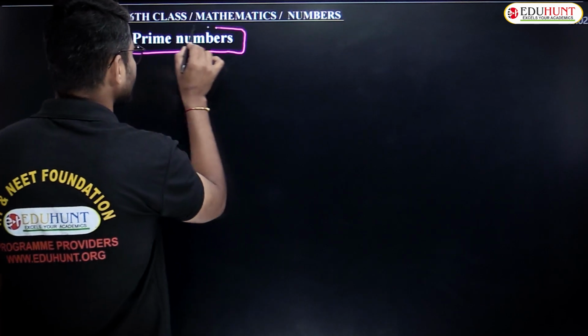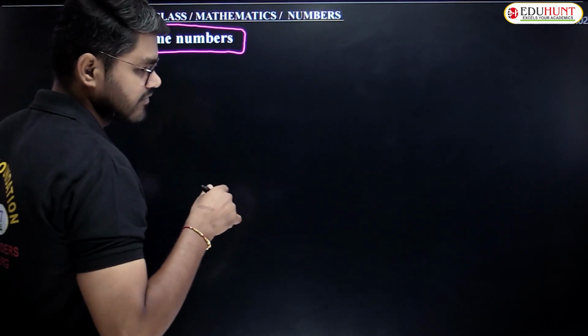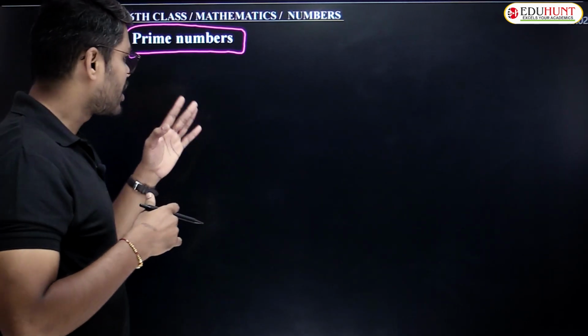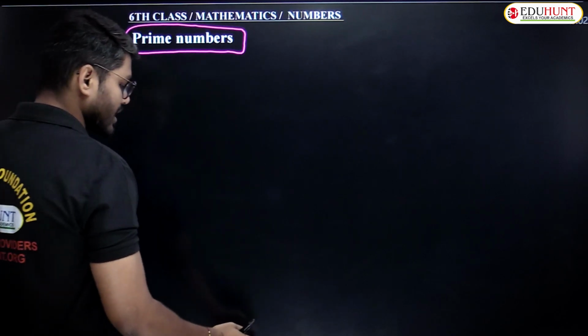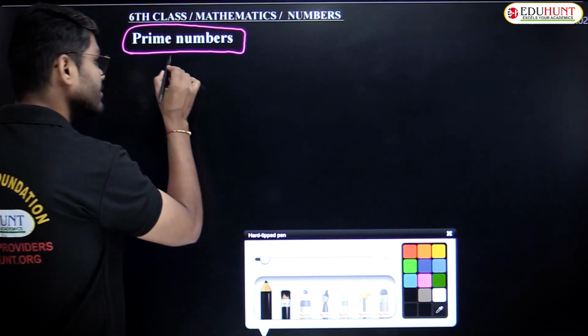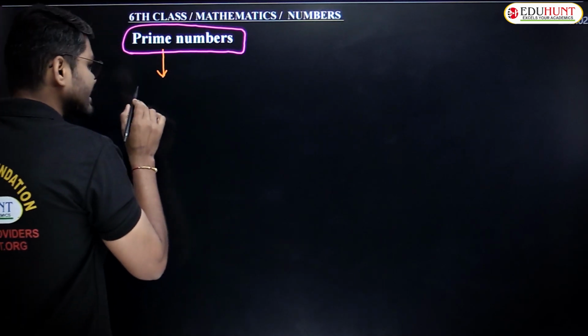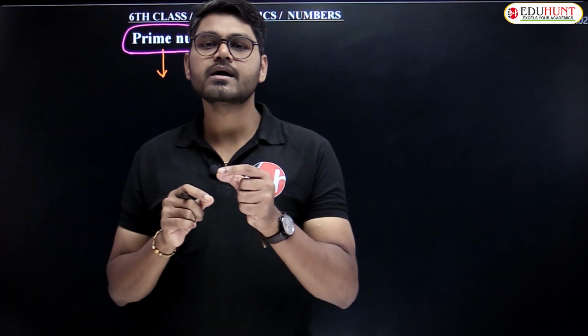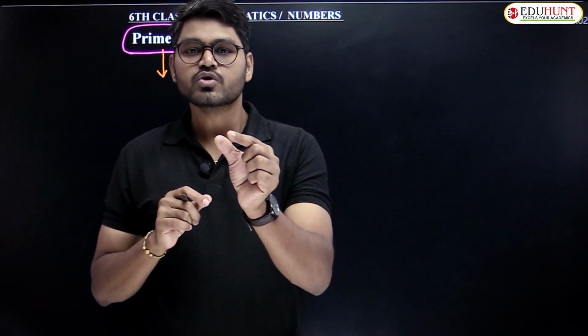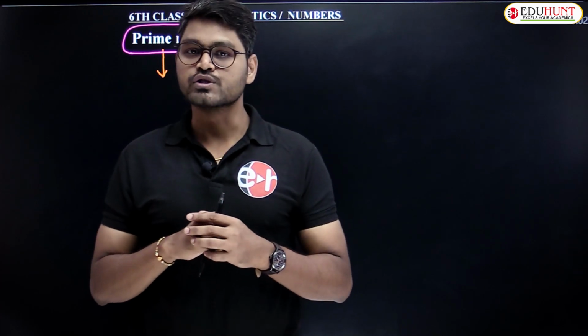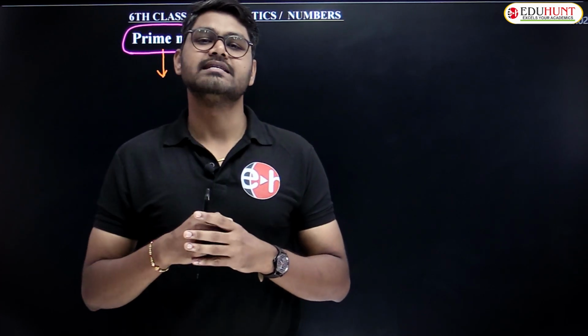Prime numbers. We know even numbers and odd numbers, which we learned previously. Now we are going to learn prime numbers. What are prime numbers? Prime numbers are numbers which have exactly two factors. Those factors are 1 and the number itself.